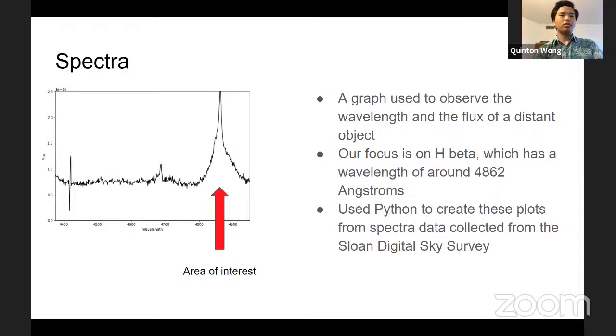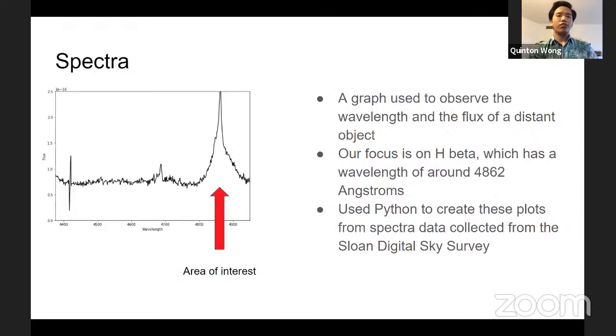Our area of interest is the H-beta line, which, as you can see in the graph, is highlighted by the red arrow, that wide base part. It usually has a wavelength of around 4,862 angstroms. Again, we use Python, which is essentially computer programming, to create these plots from the spectra data, which is collected from the Sloan Digital Sky Survey.